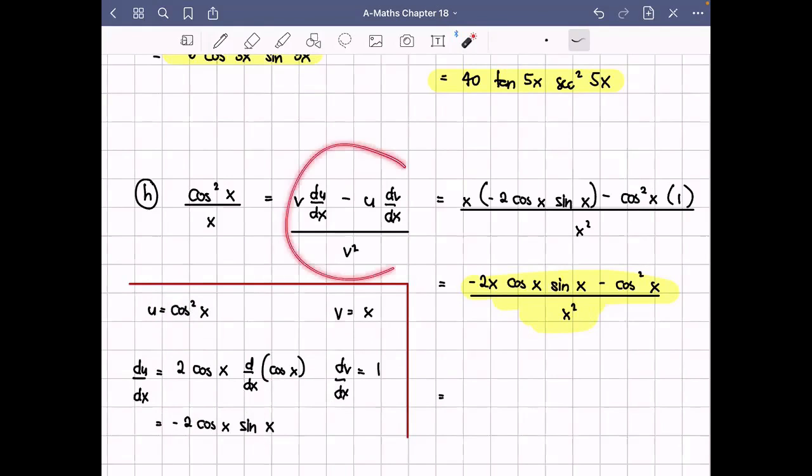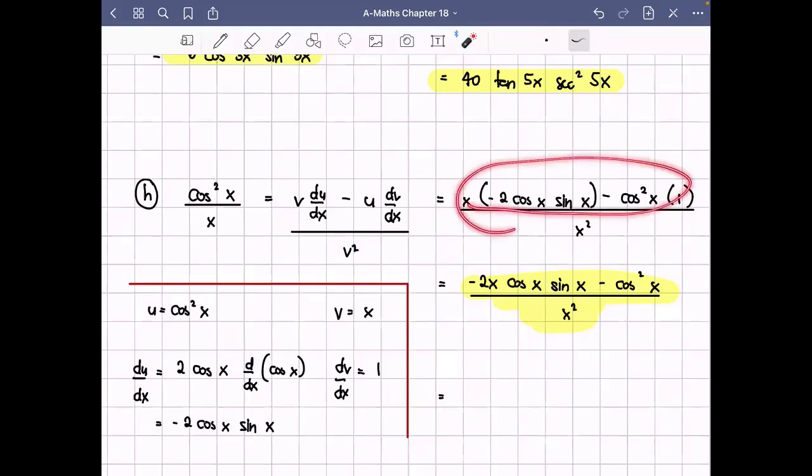So our formula here, quotient rule, is v du minus u dv over v squared. Just that. So substituting this onto our formula: v is x, and then the derivative of u is this one there, and then minus u, which is cosine squared x times the derivative of v, which is this one, over x squared, and then just simplifying this.